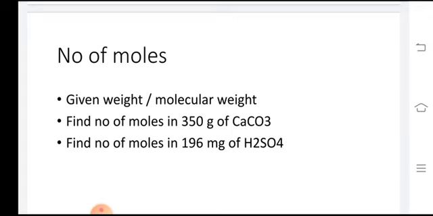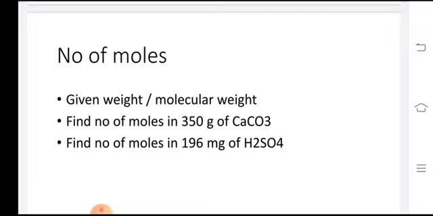The given weight will be known to us, that is, how much weight we are using of any compound, for example NaCl, calcium carbonate, or H2SO4, whatsoever it is. So it is represented as given weight divided by molecular weight.